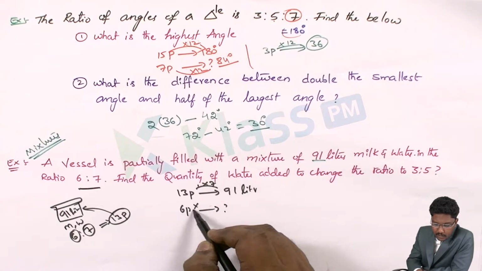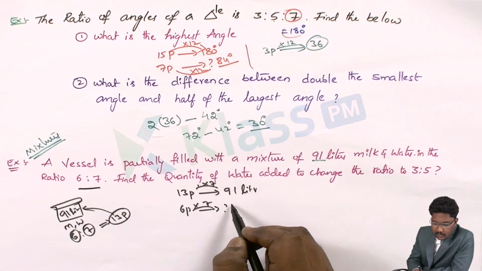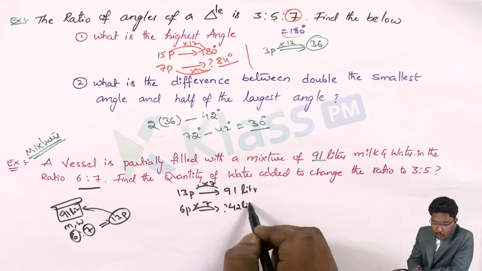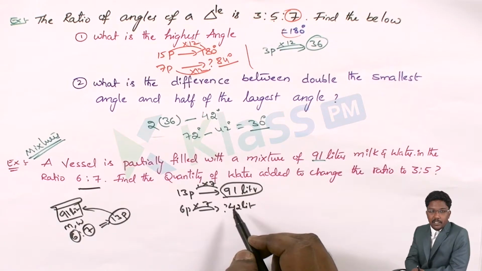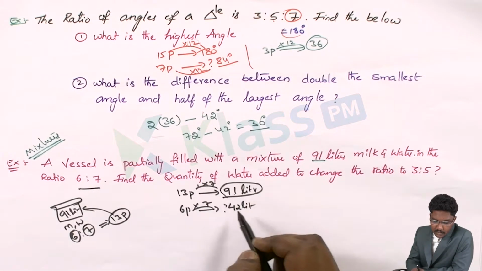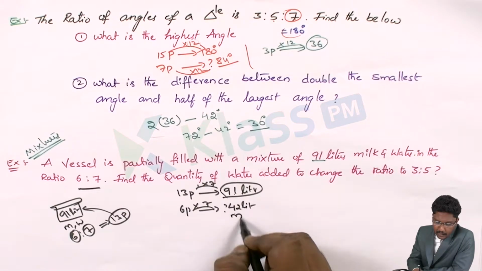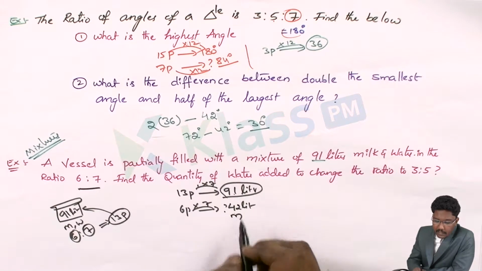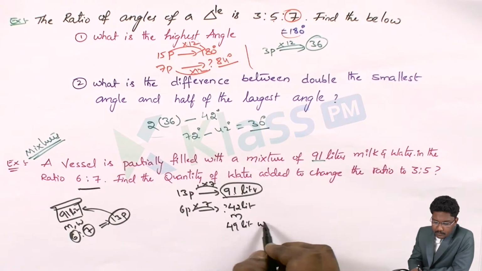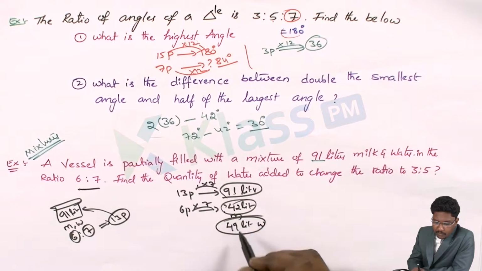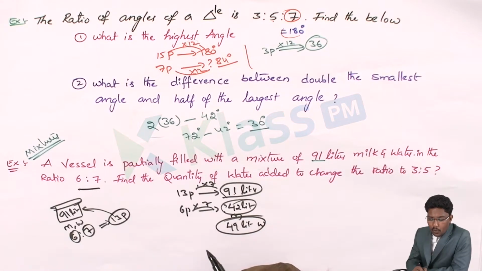By multiplying by 7. 6 times 7 is 42 liters. So of the total 91 liters in the vessel, 42 liters are milk, and the remaining, 49 liters, is water.